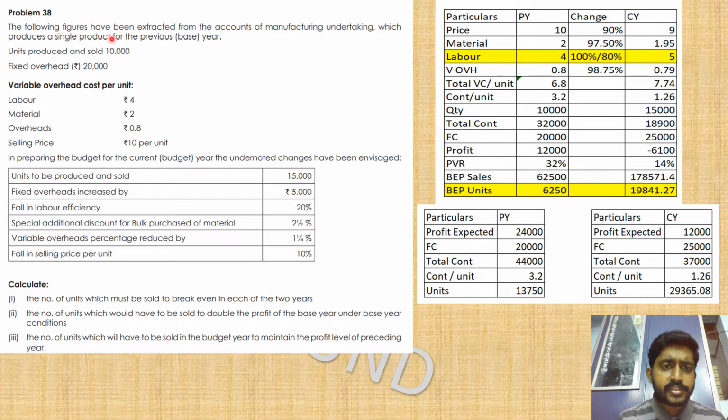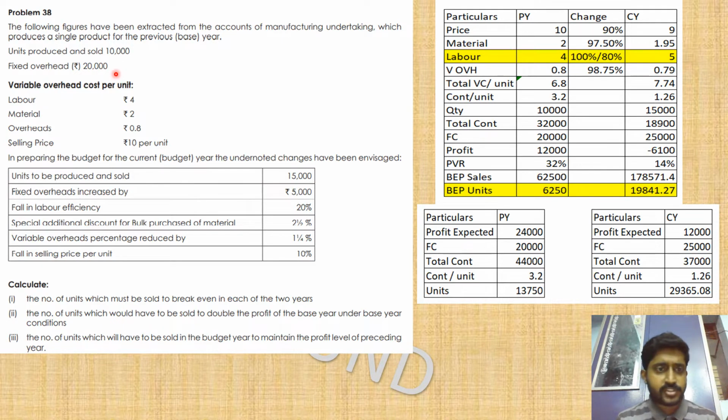The following figures have been extracted from the accounts of a manufacturing undertaking which produces a single product, for the previous base year. Units produced and sold is 10,000, so there is no inventory created because of this production. Fixed overheads is 20,000.